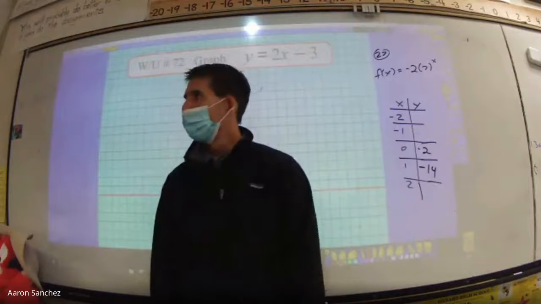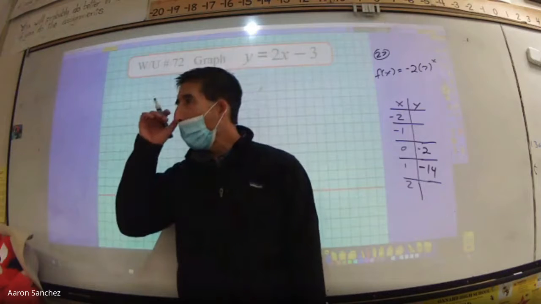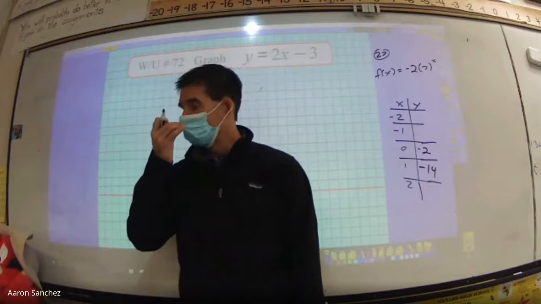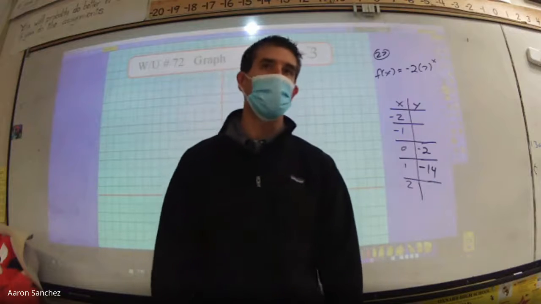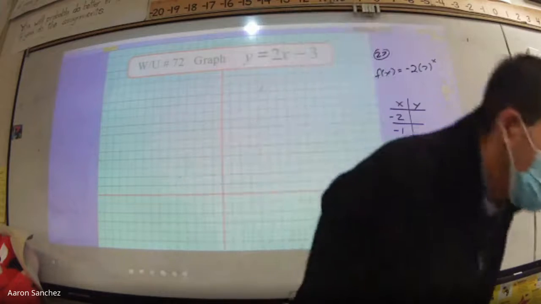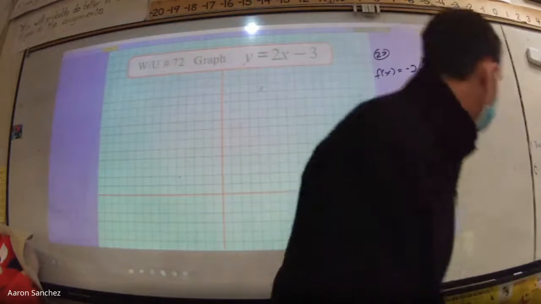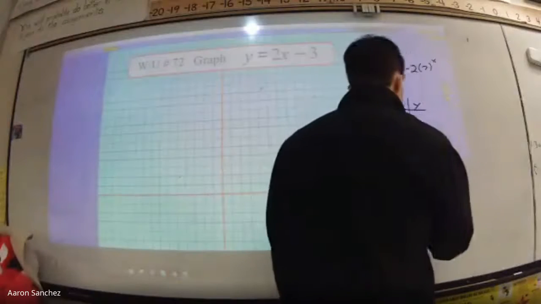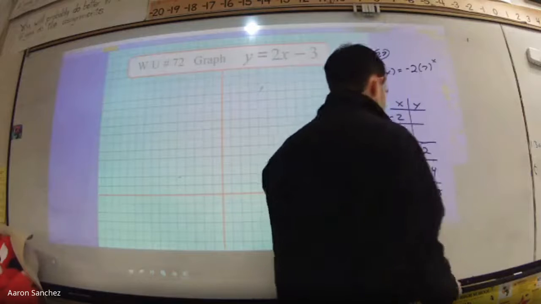That's a hard one. You do it in your head. Someone tell me what's -14 times 7. Octavia, what do I put here? -98. Yeah, -98.